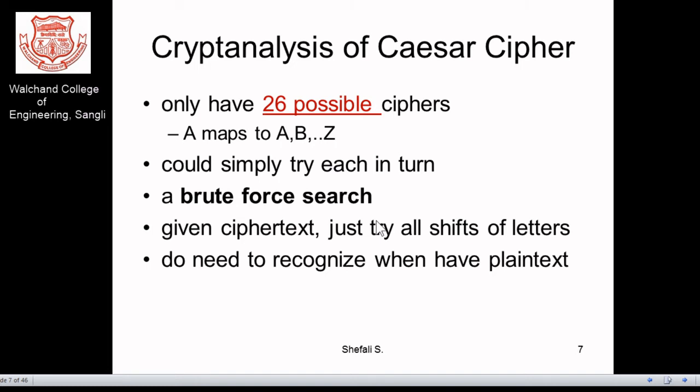Of course, this is a known plaintext attack, because out of these 26 possible strings retrieved through brute force, you need to find the right one. That means you know the plaintext here.